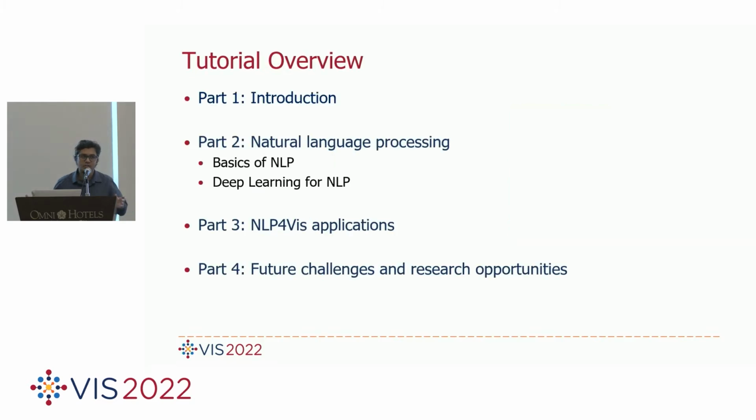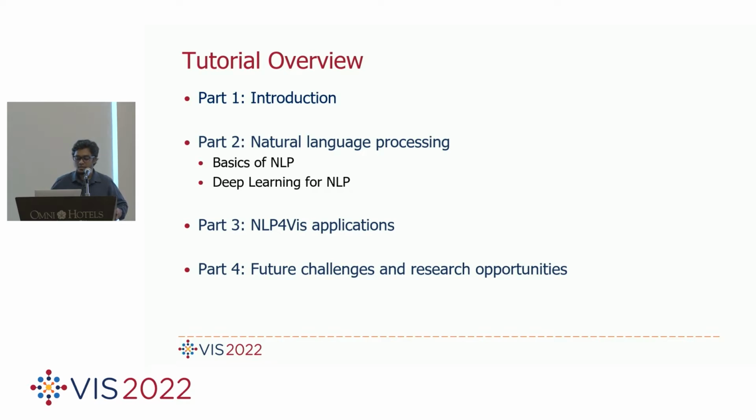Okay, so what this tutorial is about. In this tutorial, we are going to talk about how we can utilize natural language processing techniques to solve various visualization-related tasks. First, we are going to cover some of the basic concepts of NLP.